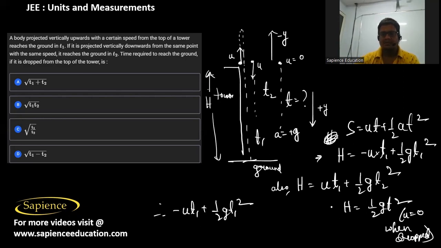So this t we have to find out in terms of t1 and t2. Now this is also h, this is also h.